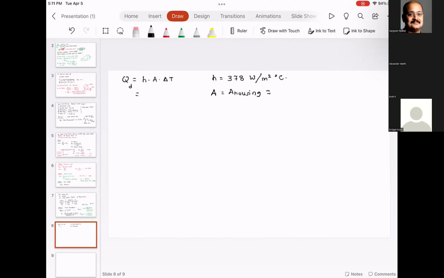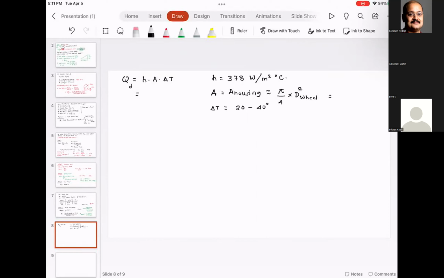For practical purposes, the area is approximately pi by 4 d square, where d is the diameter of the wheel. And delta T, depending upon the application, should be anywhere between 20 degrees to 40 degrees.